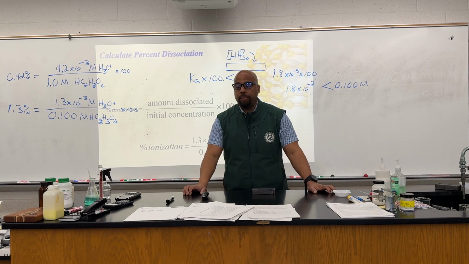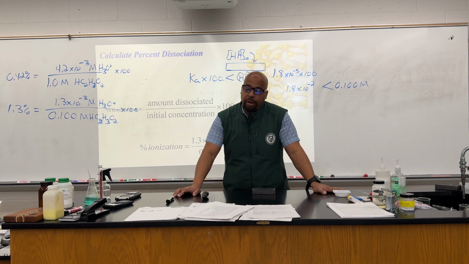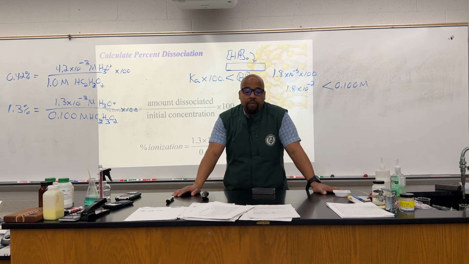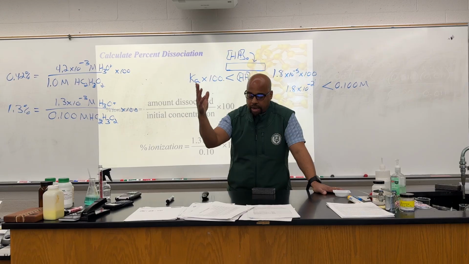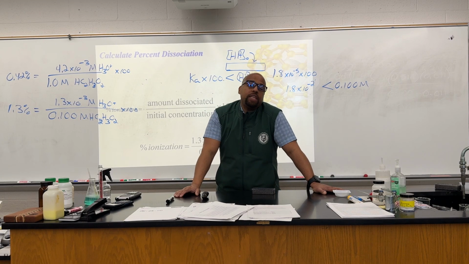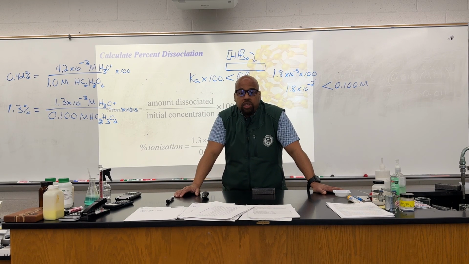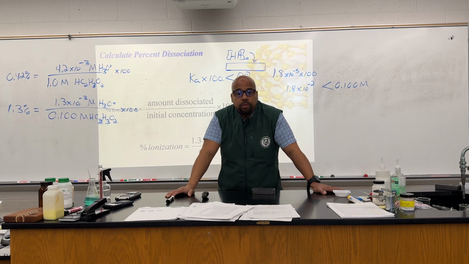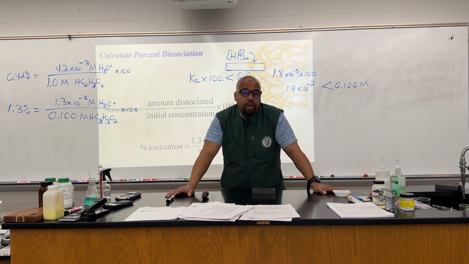If we have the same concentration, let's just do this analogy here. Say I walk into 7-Eleven with $10 and I spend $5. I can say I have 50% dissociation with my cash. Another person, Mr. Chompin, walks into 7-Eleven.